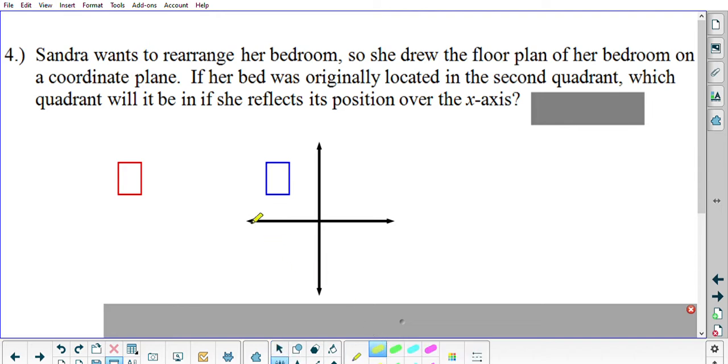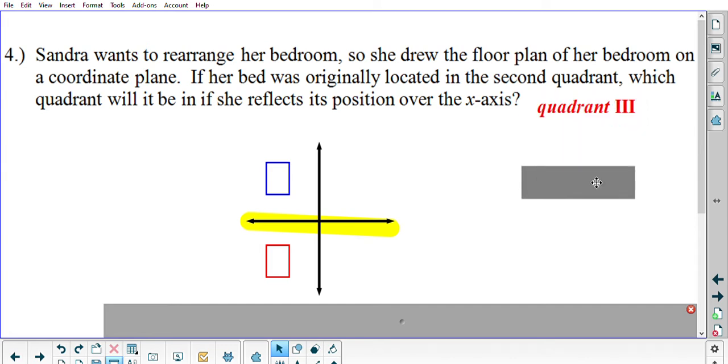You do recall which one is the x-axis? It's that one right there, which I highlighted for you. Then where is the bed going to be? Well, instead of being up here, it's reflected over the x-axis, so it would be down here. What quadrant is that? That is quadrant 3.